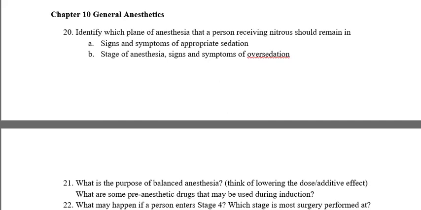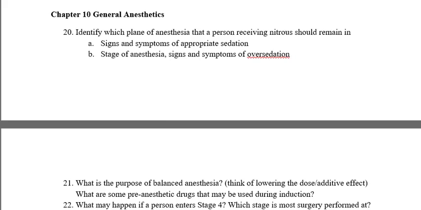So some of the pre-anesthetic drugs that may be used, there's a whole bunch, right? They might give you an anti-infective to prevent an infection. They may give you an anticholinergic to dry you up so they can intubate you, and also to prevent vagal blockade. So stimulating the vagus nerve increases the heart rate, and blocking that decreases the heart rate.